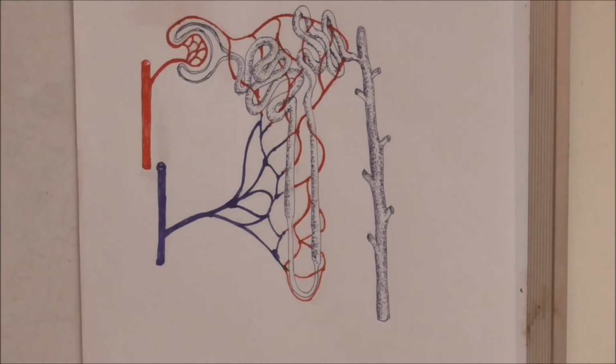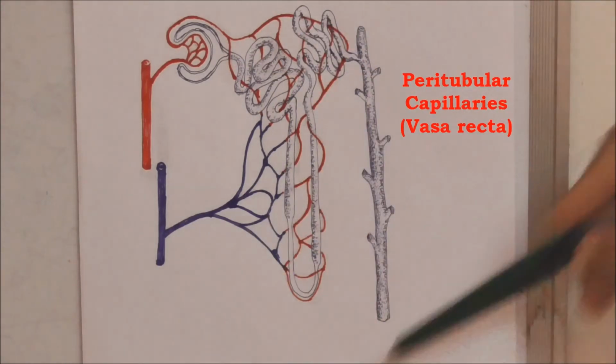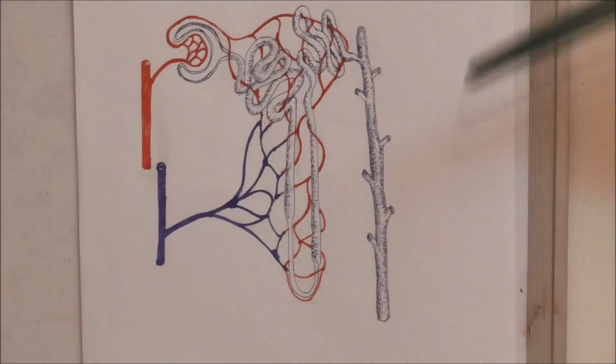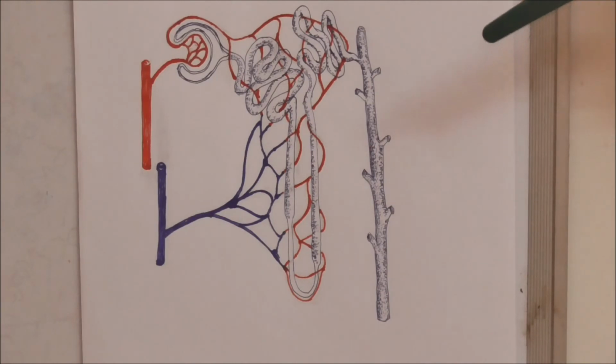The outgoing vessel is also arterial because now also it contains oxygenated blood. And then it starts dividing into capillaries. This bunch of capillaries we have called the glomerulus, while these capillaries are named peritubular capillaries because they are in the periphery of the renal tubule, or they are also named vasa recta.